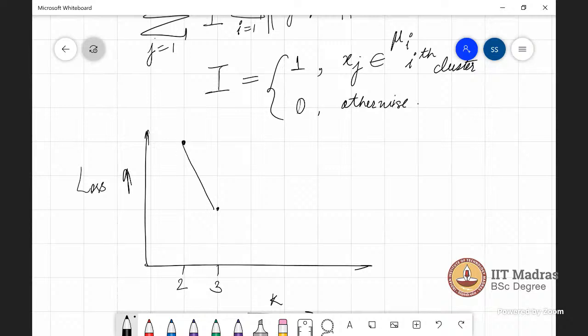You can see that there's a huge drop for k equal to 4. Then we see a very small amount of drop for 5, 6, and 7. Even if you run this algorithm with different real world data sets, this is the kind of curve you will see.